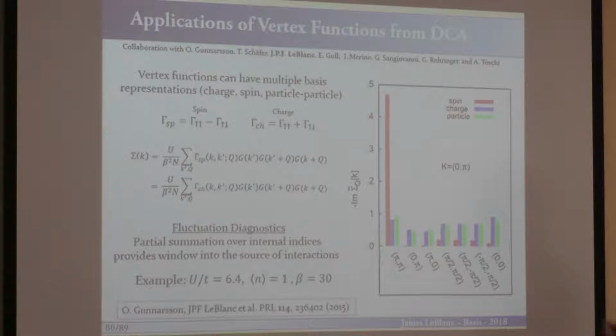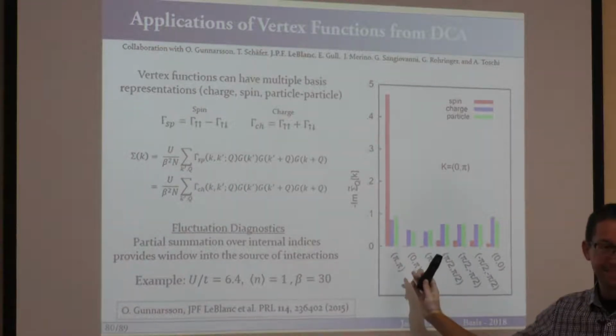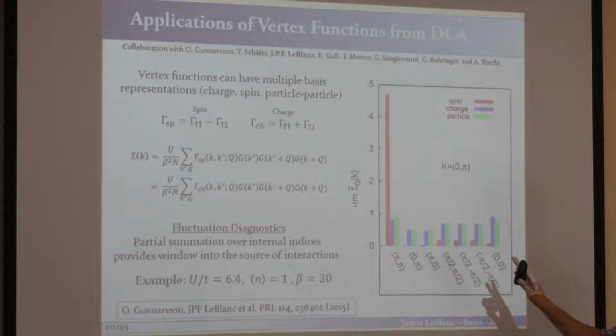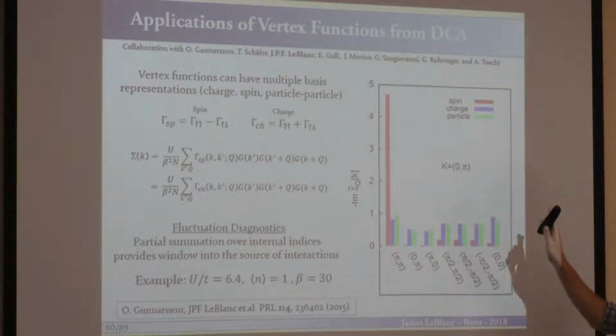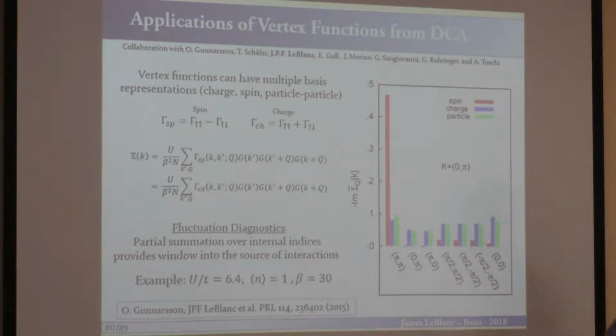And what you see right away, what's the biggest part? Which color is it? Red. It's red. And it's this one. And it's pi pi, right? So there's two things that one takes away from this. First of all, if I represent it in terms of the blue charge or green particle-particle, it's very diffuse.